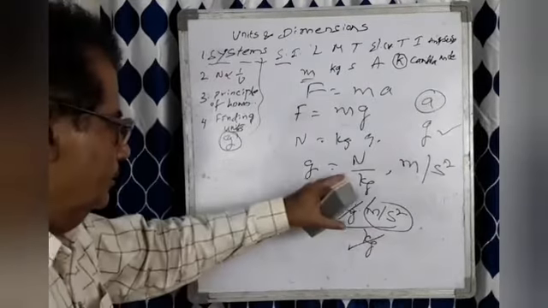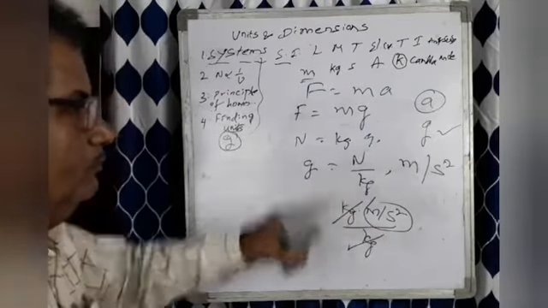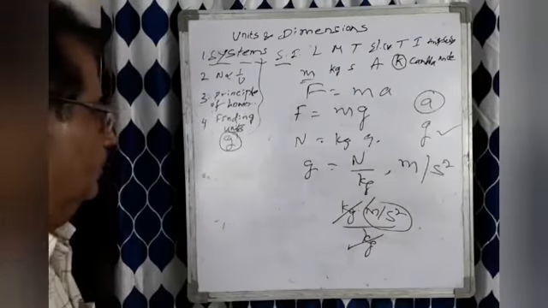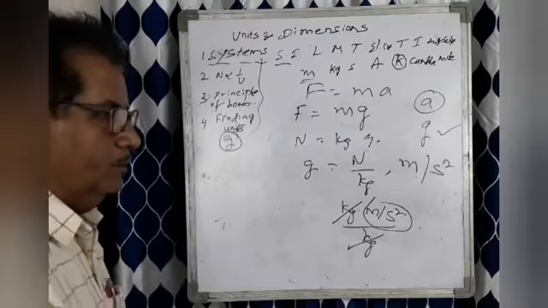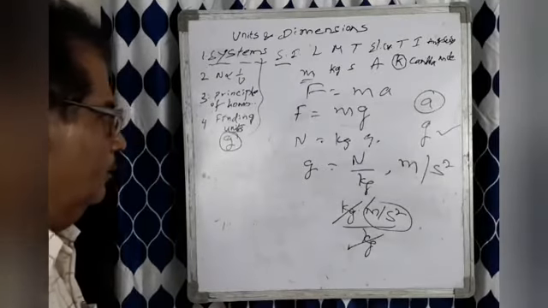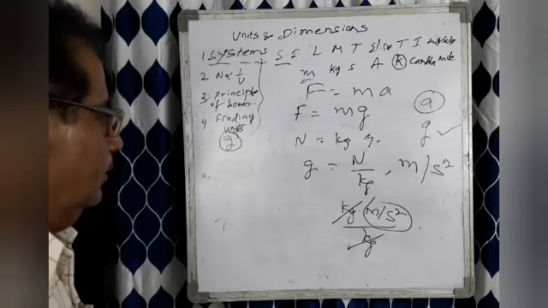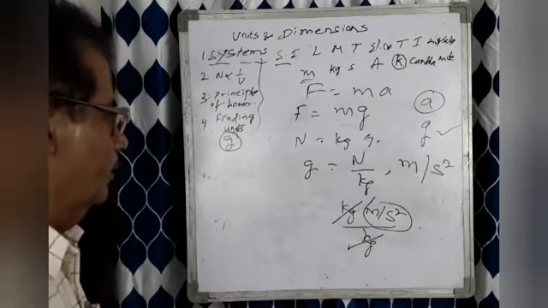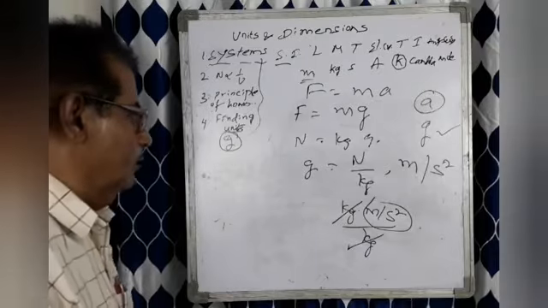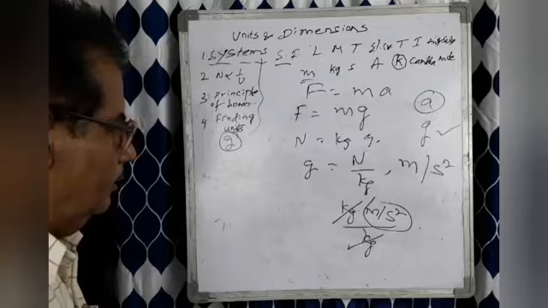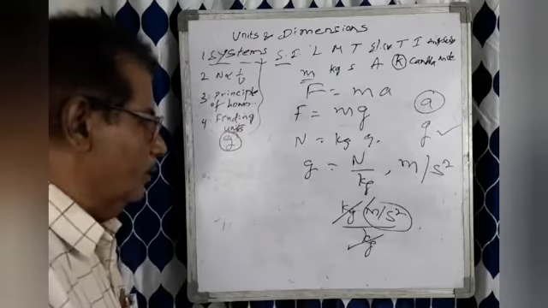Here the students will be put into confusion. Suppose I give you a multiple choice question. The unit of acceleration due to gravity. One, meter per second, wrong. Two, meter per second cube, wrong. Three, meter square per second square, wrong.